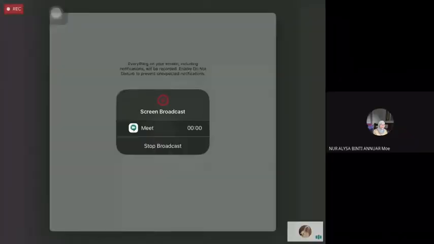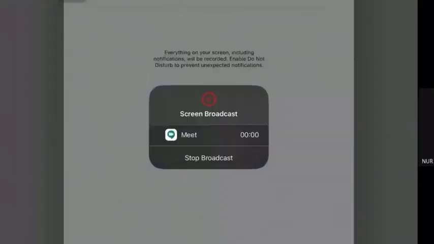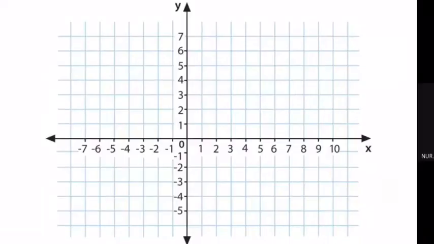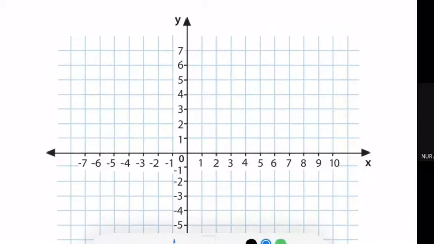Okay, today we are going to solve linear equations. Let's say we have two equations with two variables. For example, we have x minus y equals 3.